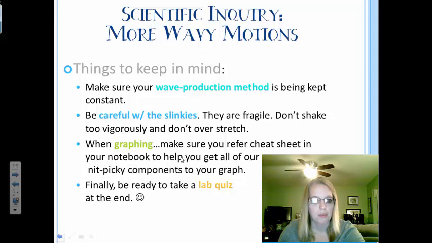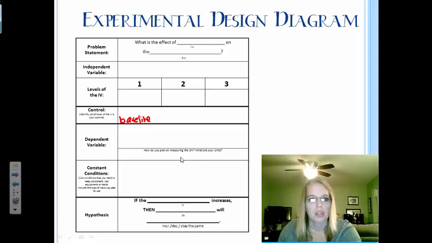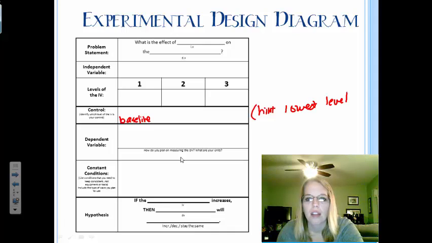So this is your baseline, and it is what you're compared to. As a hint, it's probably your lowest level of the IV. If you need help figuring out which one your control is, please ask us.